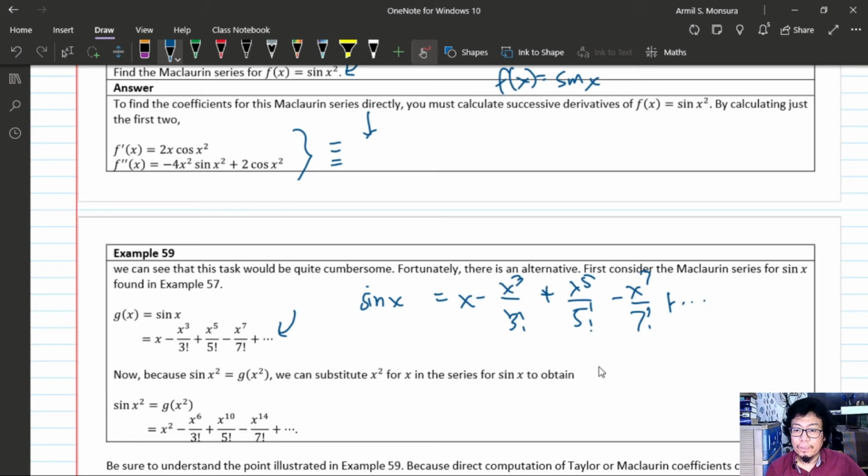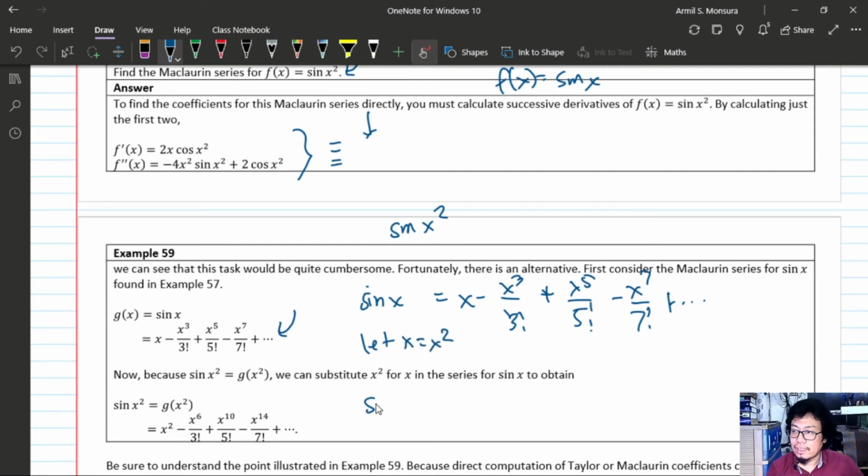Now we will compose your function this way. Since we're looking for sine of x squared, we'll let x equal x squared.